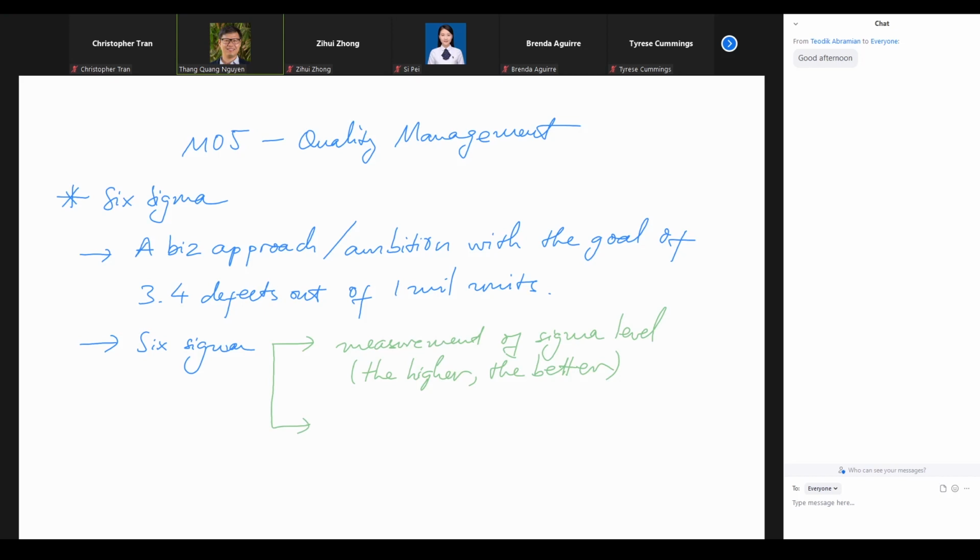But then the question is how to achieve higher and higher measurement over time, right? Or how to achieve Six Sigma. That's a big question, right? Because companies have to spend millions of dollars to achieve that Six Sigma.